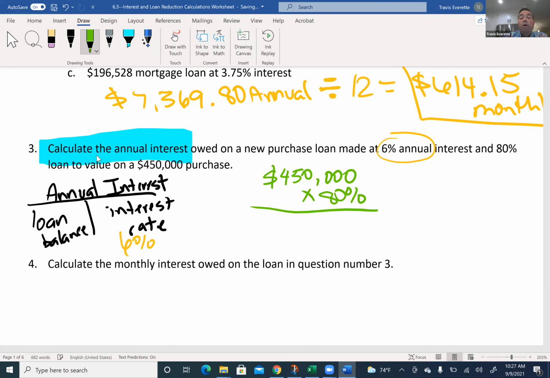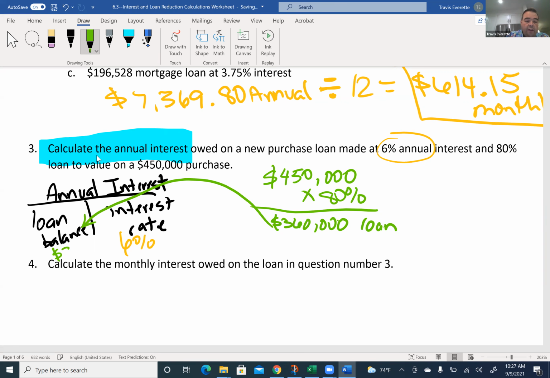In other words, I'm borrowing only 80% of that 450. So $450,000 times 80% loan to value, that's a $360,000 loan, which I'm going to bring right over here and insert into my formula.